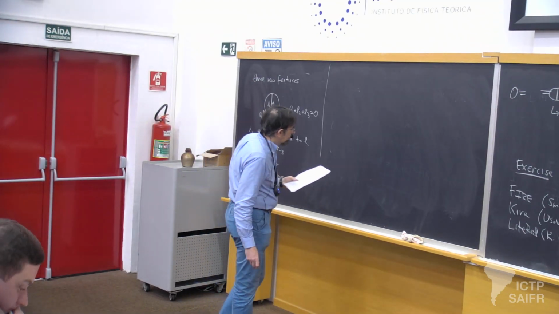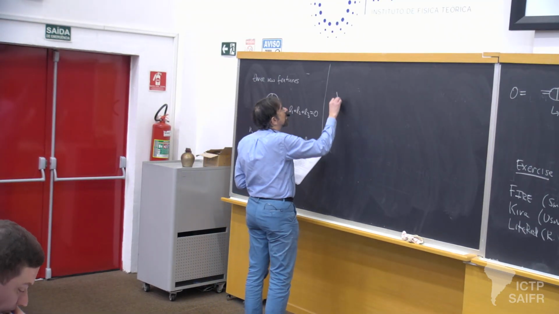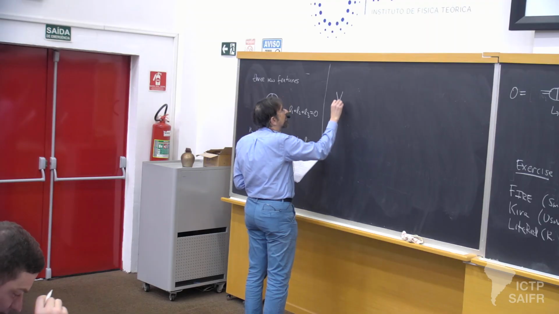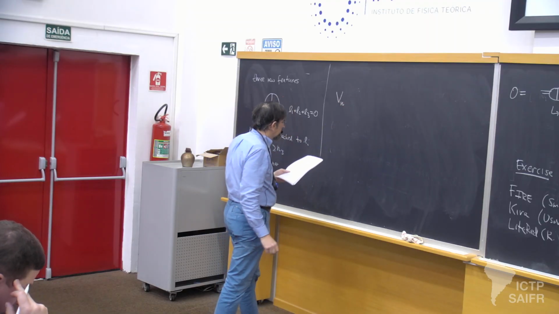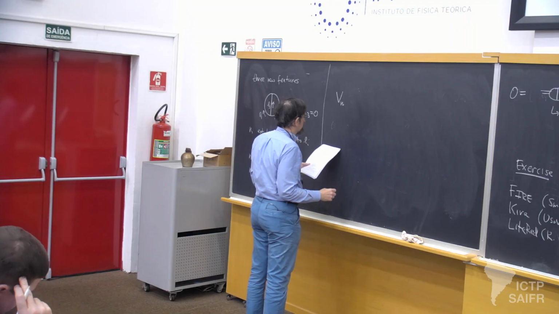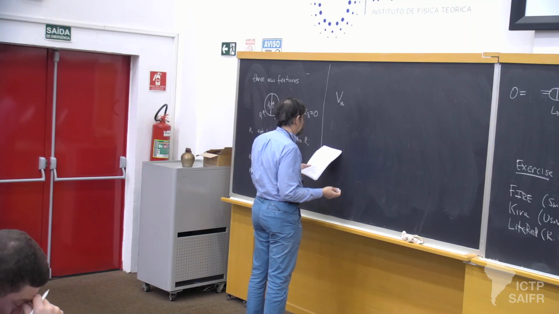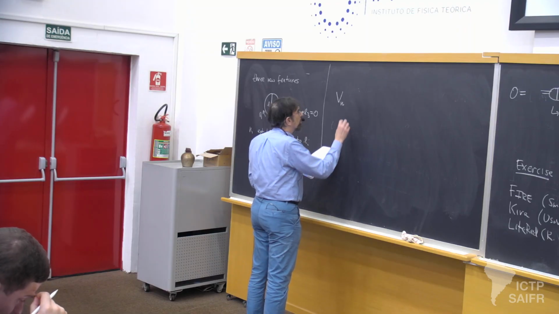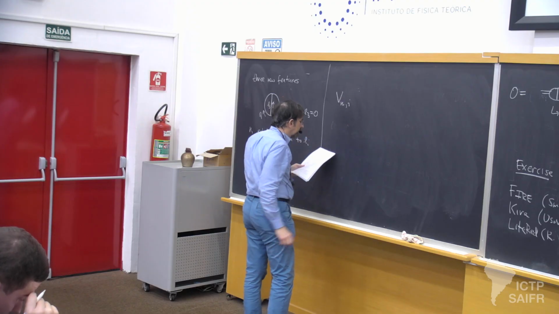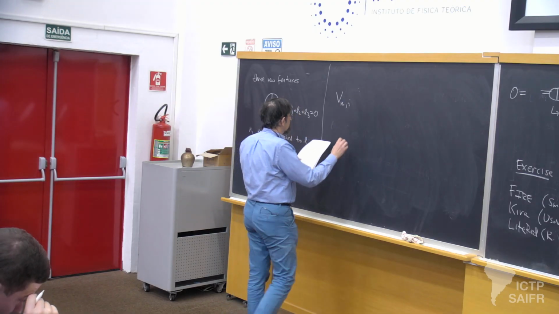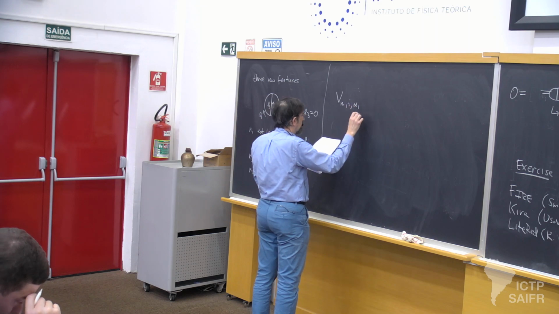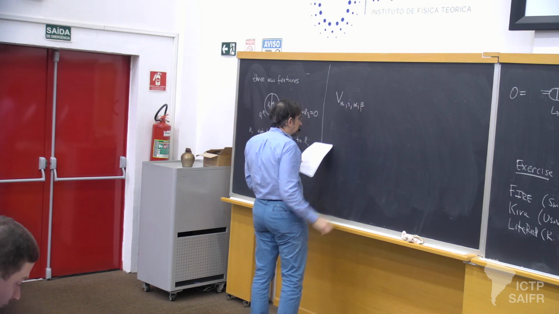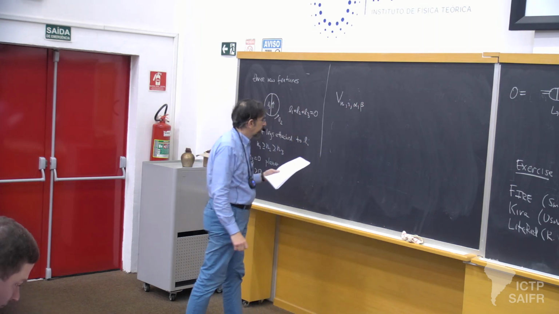So we can define this object V, which depends on the number of propagators, on the specific propagators that are chosen, on their exponents, and on the exponents of the ISPs.